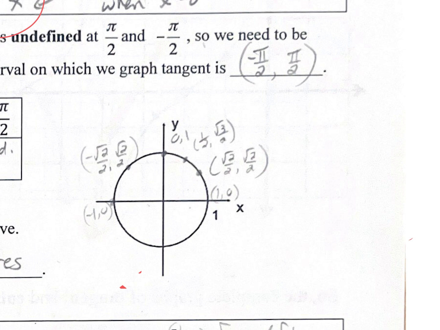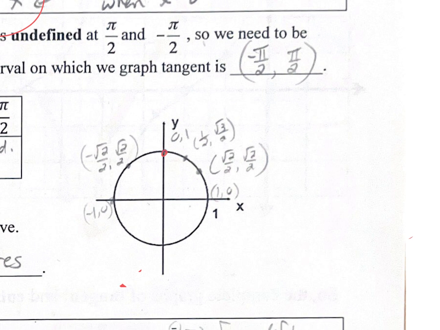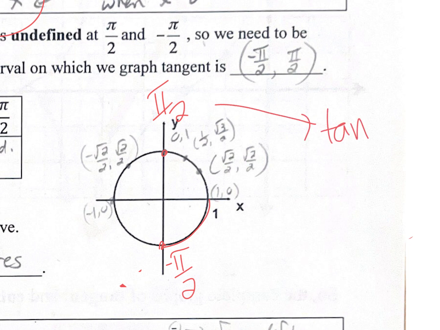So if we look at our circle, pi over 2 is straight up, and negative pi over 2 is going down that direction. This is where tangent is undefined, because if we find the tangent of that spot, y is 1 and x is 0, and down at negative pi over 2, the tangent is negative 1 over 0.